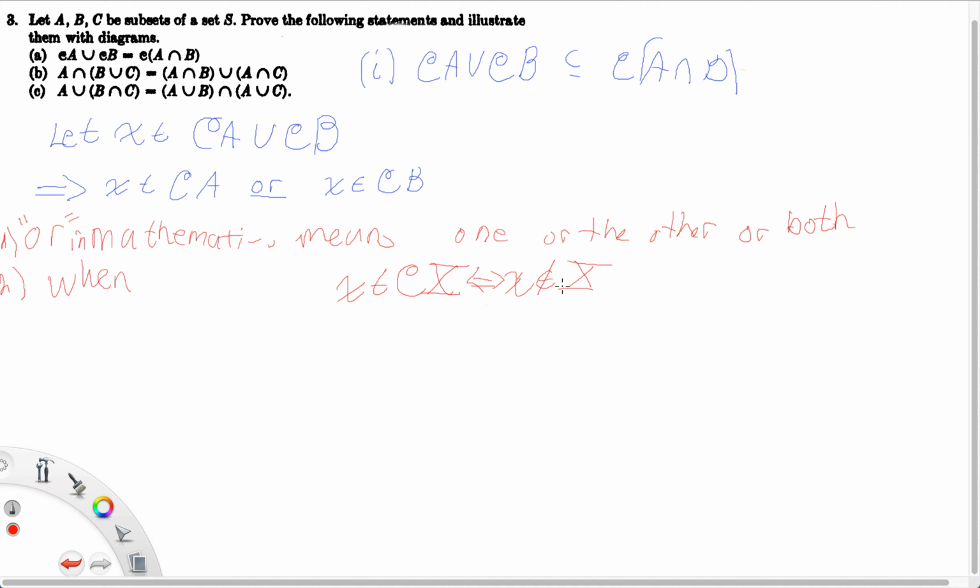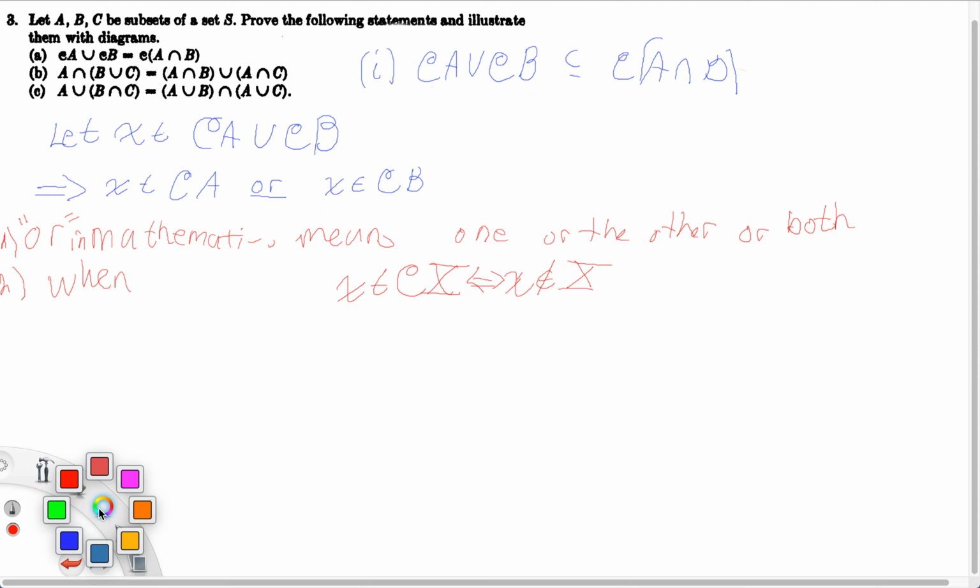That means if x is not in X, then x must be in the complement of X. And if x is in the complement of X, then x must not be in X. And that's because the complement of X is everything that's not in X. And vice versa.